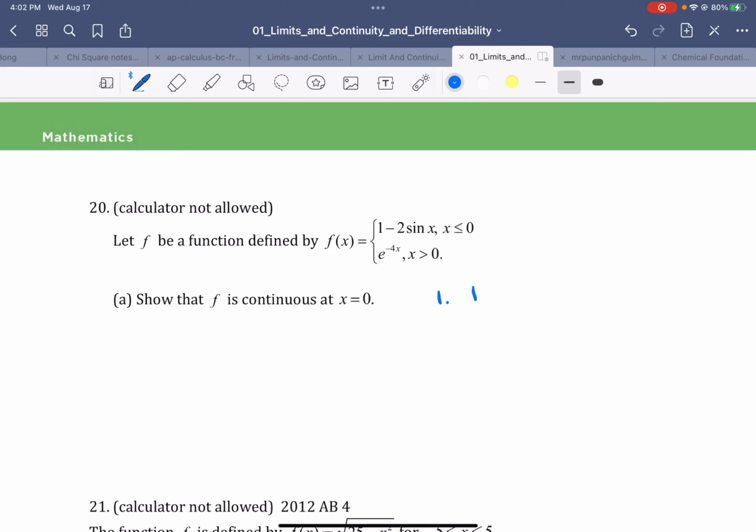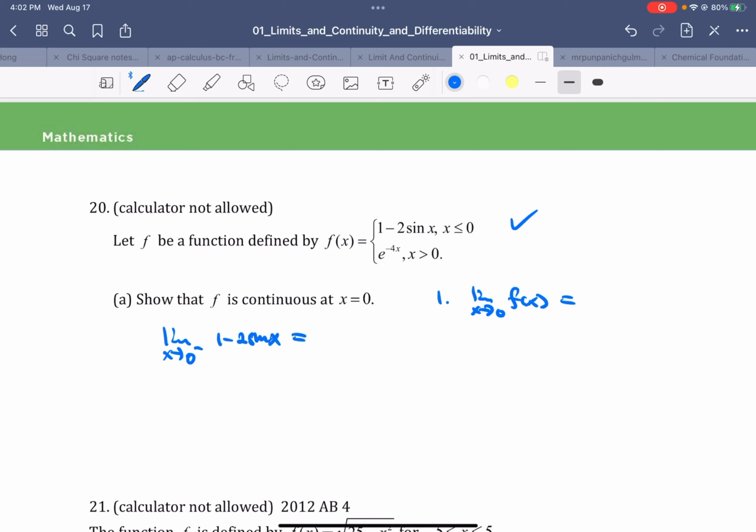First condition is a limit x approaches to 0, f of x exists or not. So let's see. Limit value, so left hand side, right hand side limit, right? So limit x approaches to 0, negative side, f of x means using this one, 1 minus 2 sine x, right?